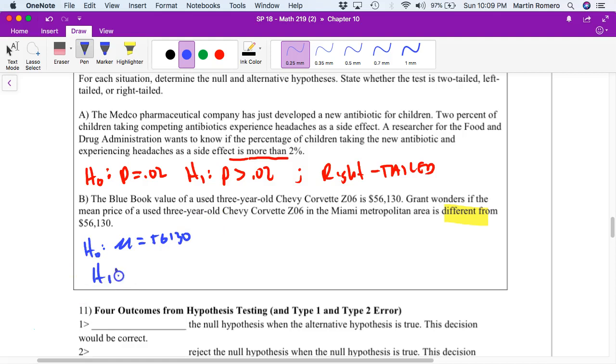The alternative is that it is different from this number, so the mean is not 56,130. This would be a two-tailed test.